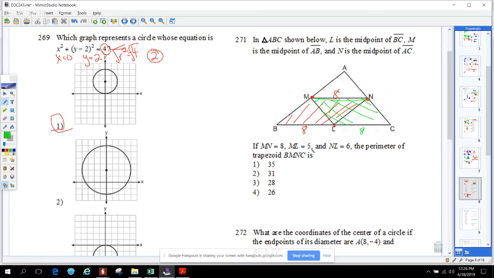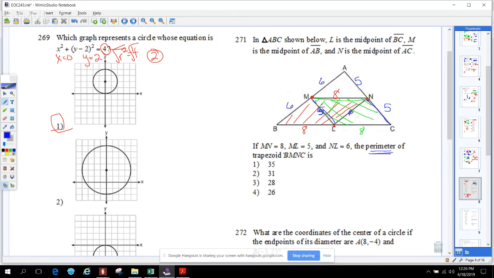It tells us that ML is 5. So we know this side is 5, so this side has to be 5, and this side up here has to be 5. And it tells you NL is 6. So that means this is 6 and this is 6, and it wants the perimeter.